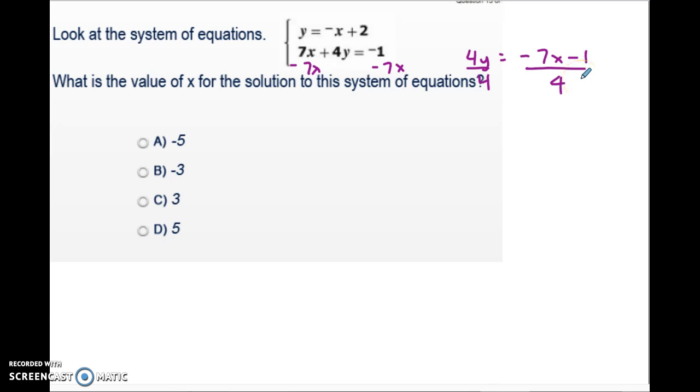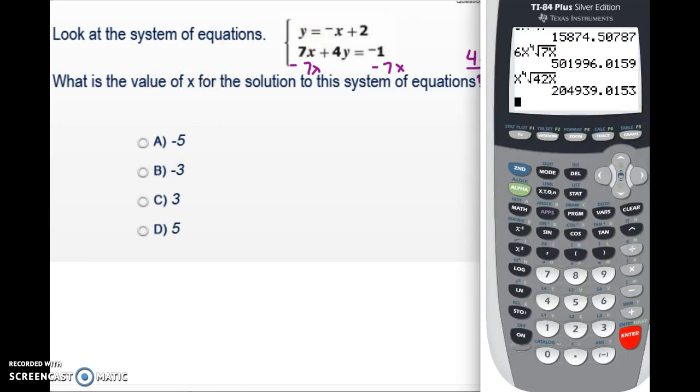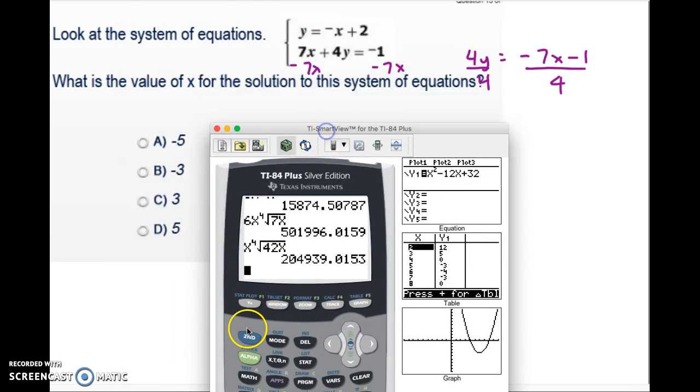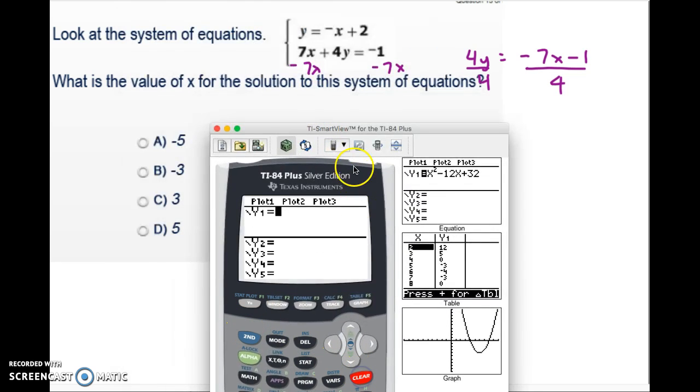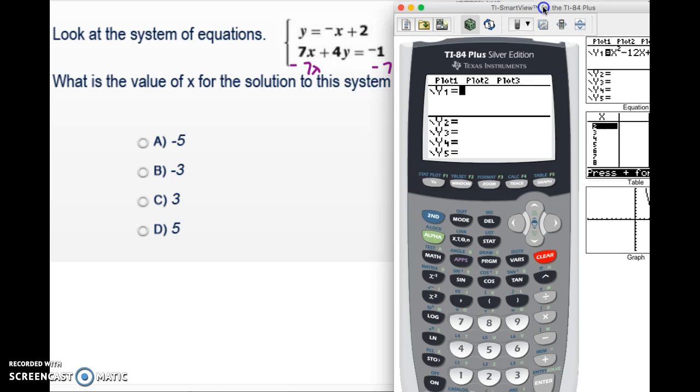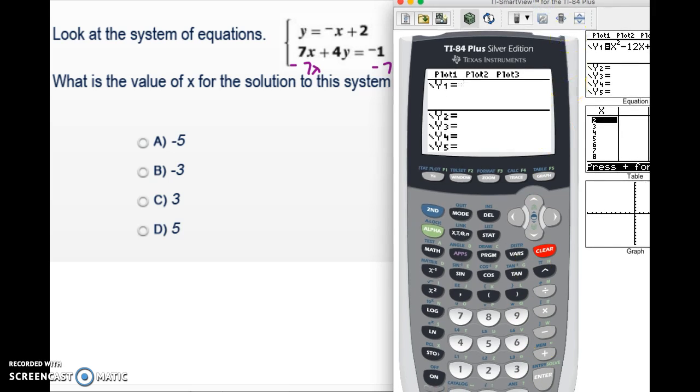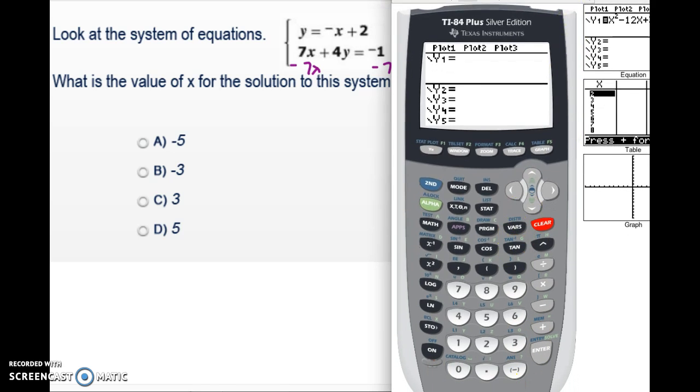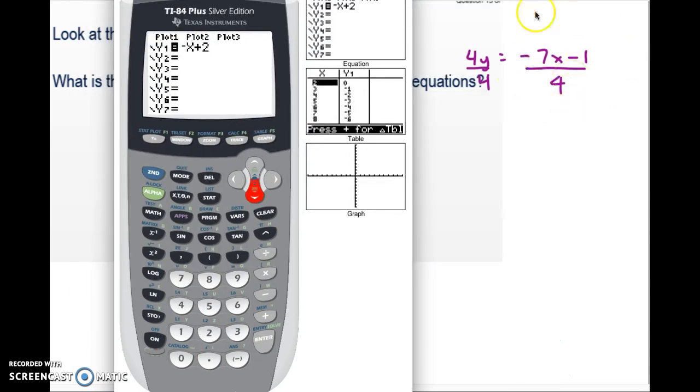So let's go ahead and look at our calculator and go to y equals. I'm going to clear that out. And I'm going to type in a negative x plus 2. And then in y2, because I didn't want to simplify this at all, I'm going to use that alpha y equals button again.